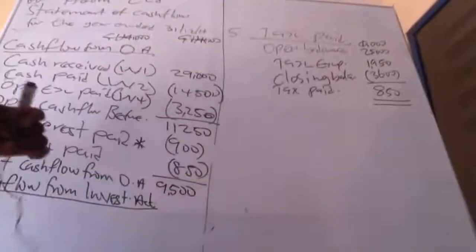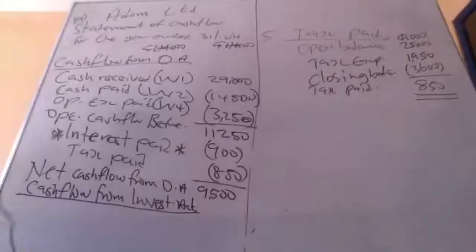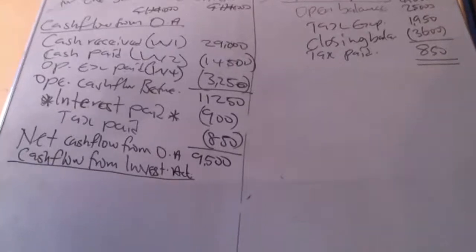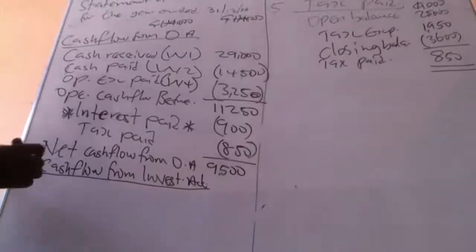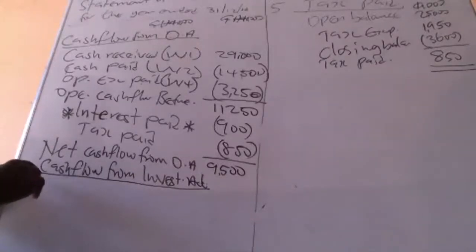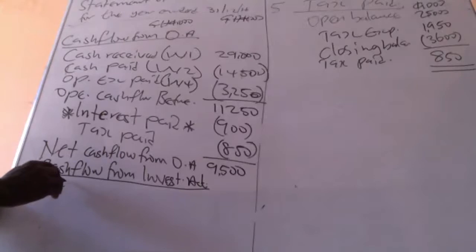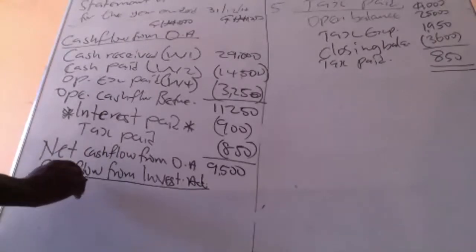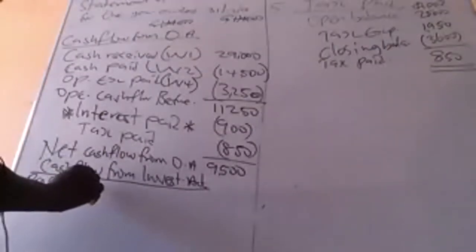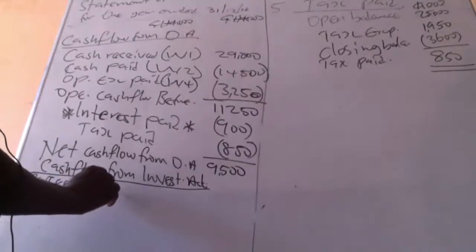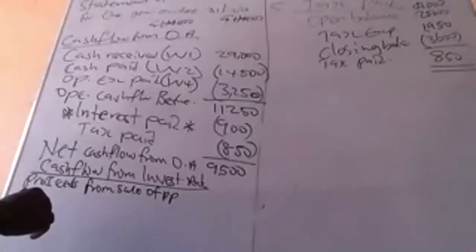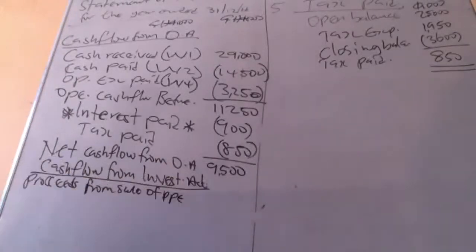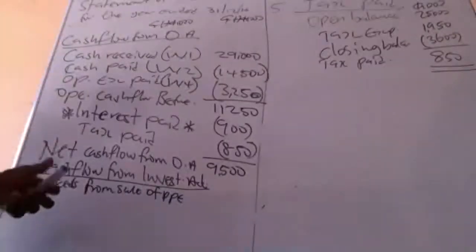Now, this camera is following us. Good. So proceeds from sale of PP. If you think of the investment activity, there are many.